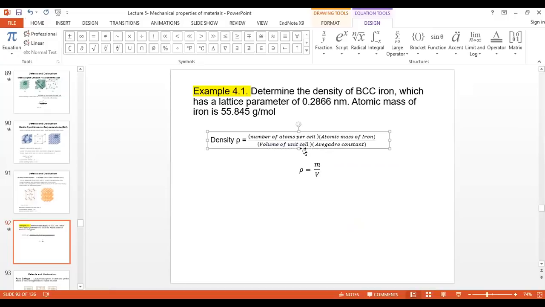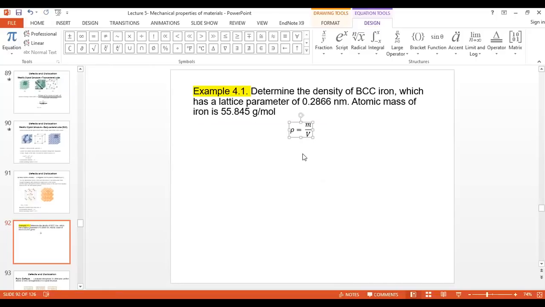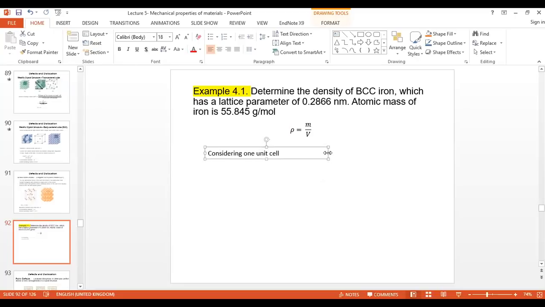I will start from first principles, that means the basics. Then if you consider one unit cell, you can try to find the unit cell volume and the unit cell weight.